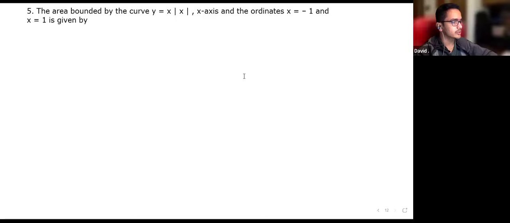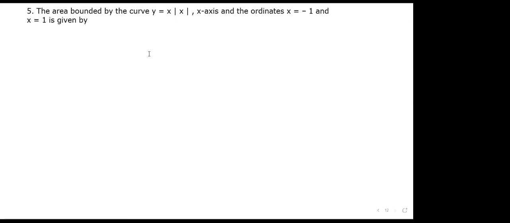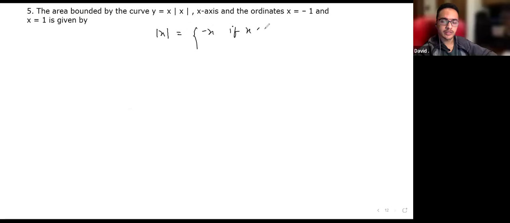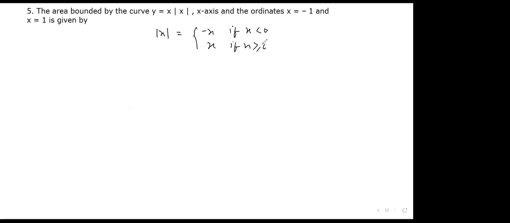So first of all, when we have a modulus function, we have to define it, right? Modulus x is defined as -x if x is less than 0, and x if x is greater than or equal to 0. Again we have limits from -1 to 1.